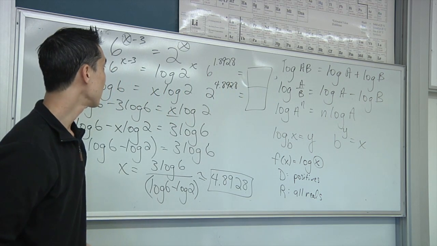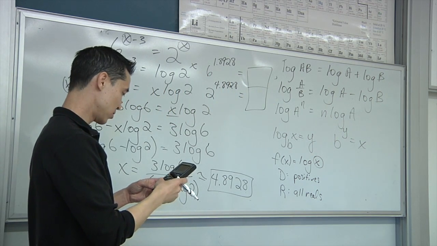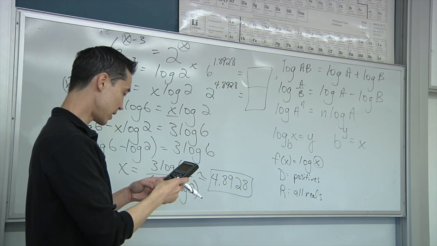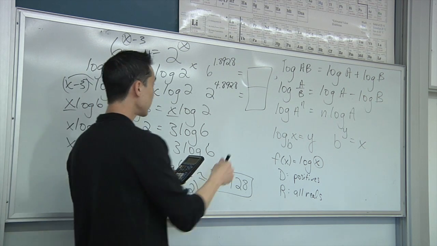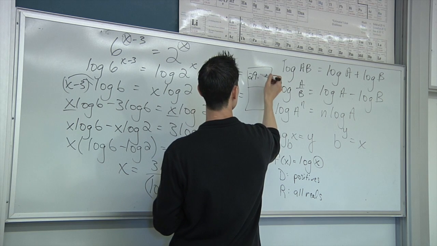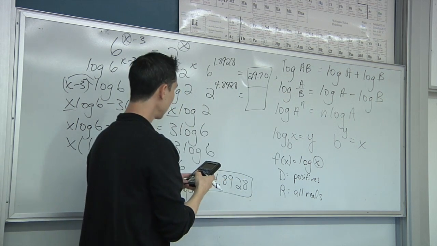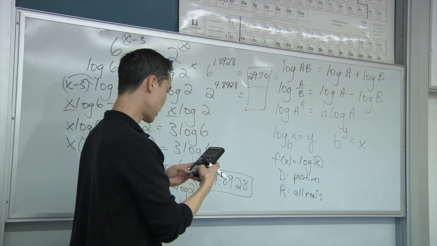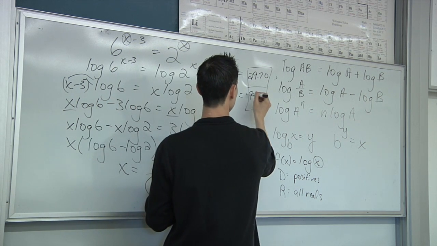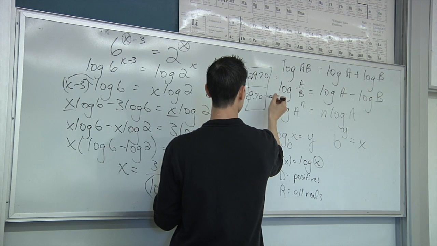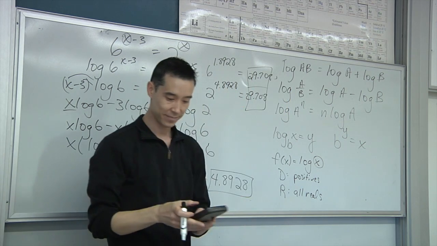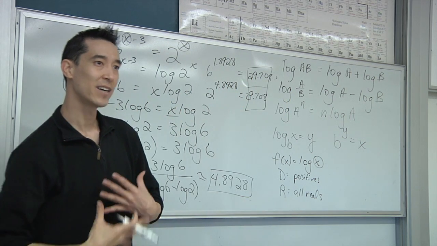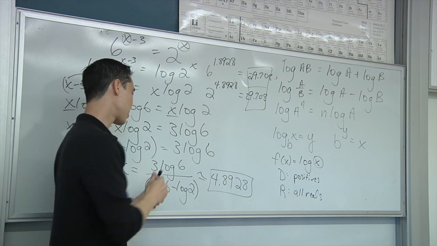So 6 to the 1.8928 comes out to about 29.70 something. And 2 raised to the 4.8928 comes out to 29.70 something. They're both 29.70 something. That makes me feel good, because that means this answer is correct.